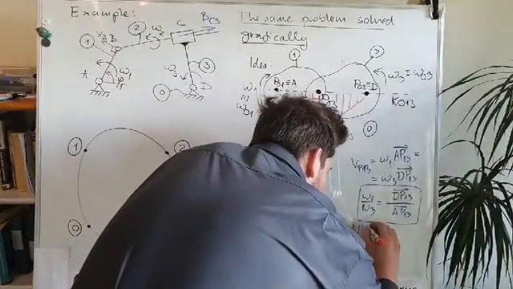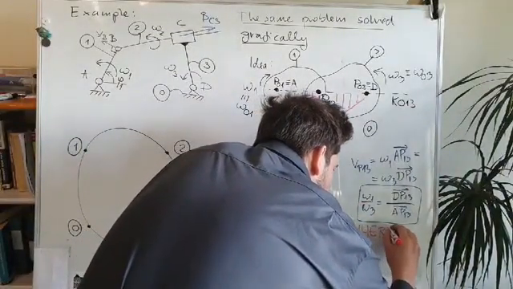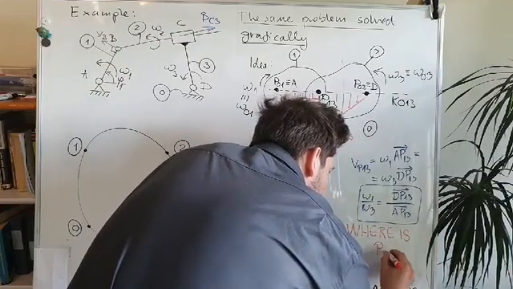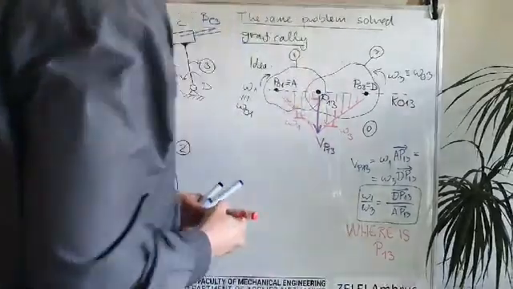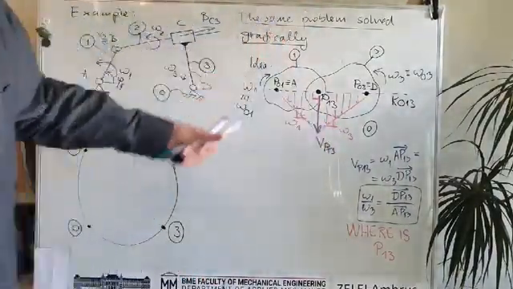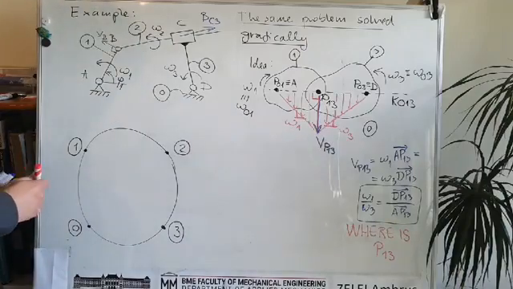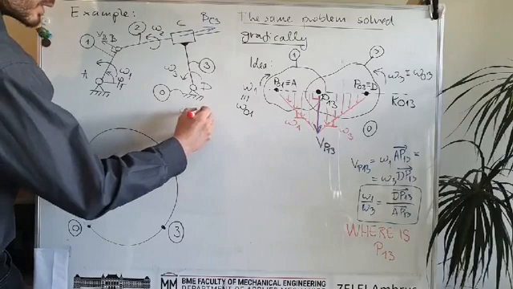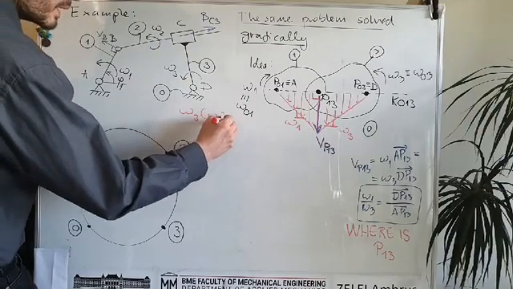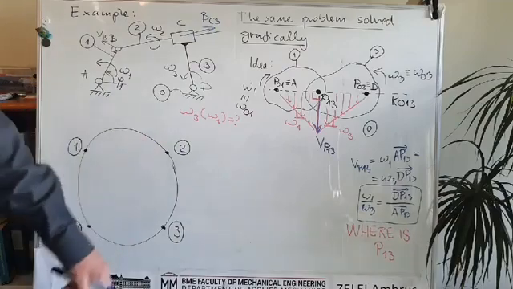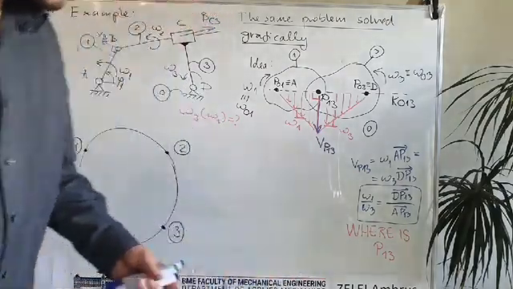Okay, so where is P13? If we can answer this question, then we can answer the whole problem, which was basically to calculate omega 3 as a function of the omega 1 velocity. Okay, so this is what we want.